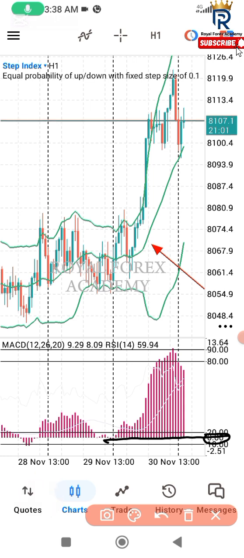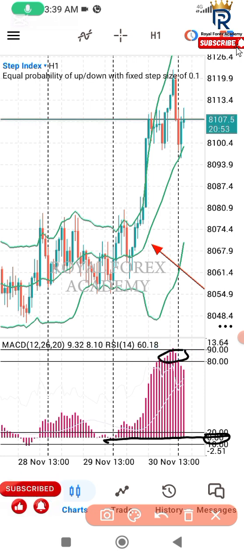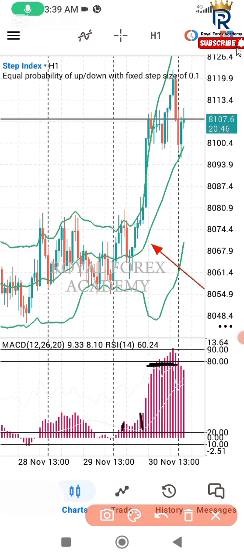Once you have observed this, ensure that the MACD histogram line has not reached the level of 80. As it's going up now, make sure that it has not touched the level of 80. If it has touched the level of 80, there won't be a need for you to make that particular buy entry.